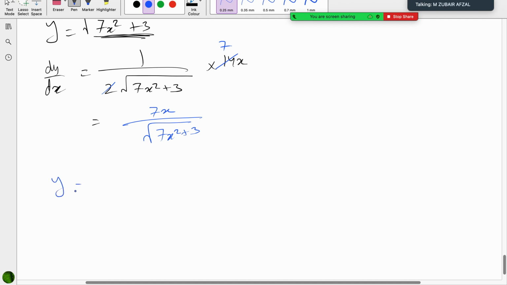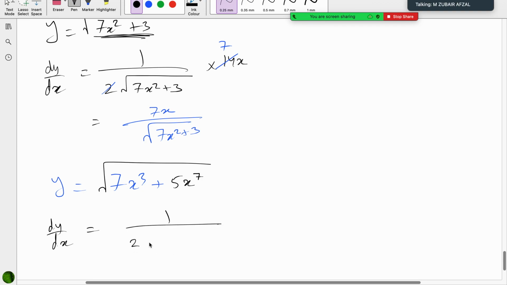More questions. y is equal to the square root of 7x cube plus, let me do it with odd numbers so we don't have to cancel them, 5x to the 7. So first step, dy by dx is equal to 1 over 2.